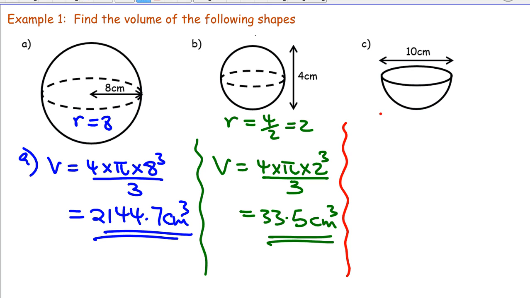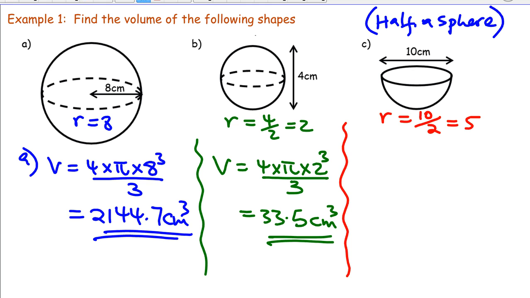Here the radius will be equal to 10 divided by 2, which is 5. But remember, this is half a sphere, right? So what you're going to do is find the volume of a full sphere and then divide it by 2.